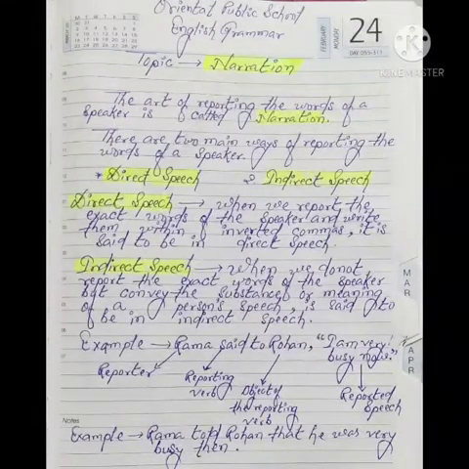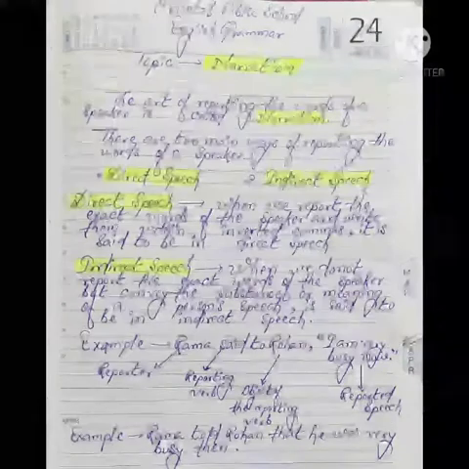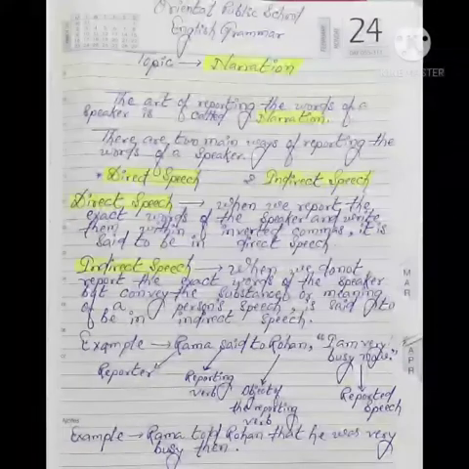So we have taken a look at what is a direct way and what is an indirect way of conveying the speaker's speech. There is an example given, and on that basis I'm going to explain what is direct and what is indirect speech. First of all, Rama said to Rohan, "I am very busy now."